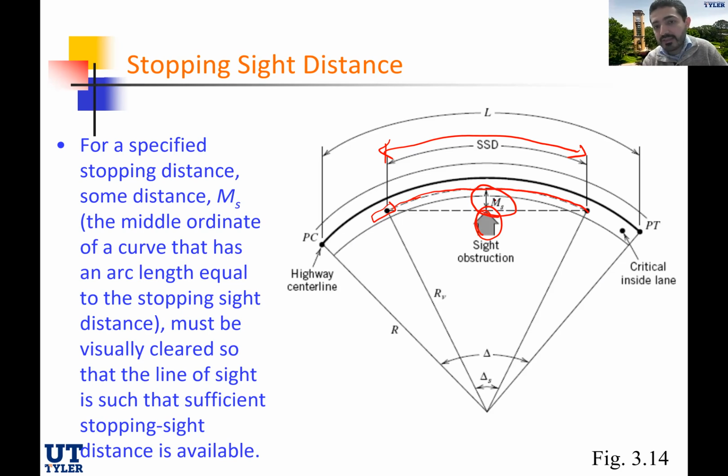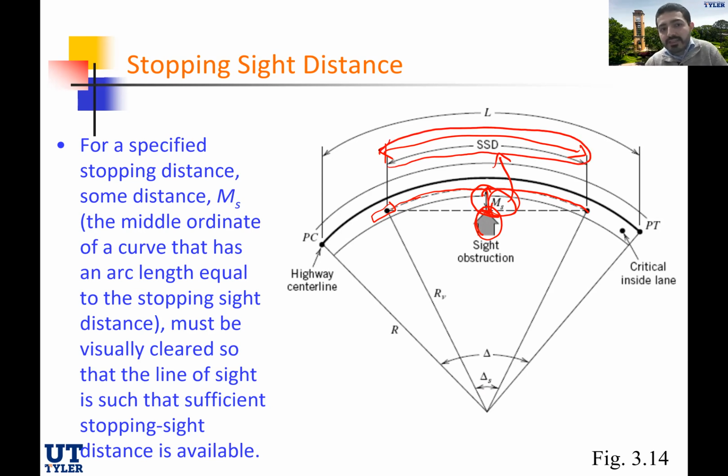I need to decide the minimum distance that I have to keep cleared. This is why you see most of the time the trees or billboards have to be a certain distance away from the side of the roadway, because that Ms defines the available stopping sight distance.